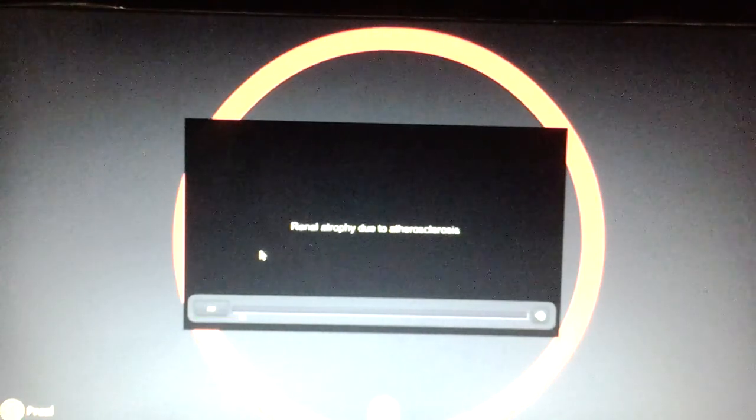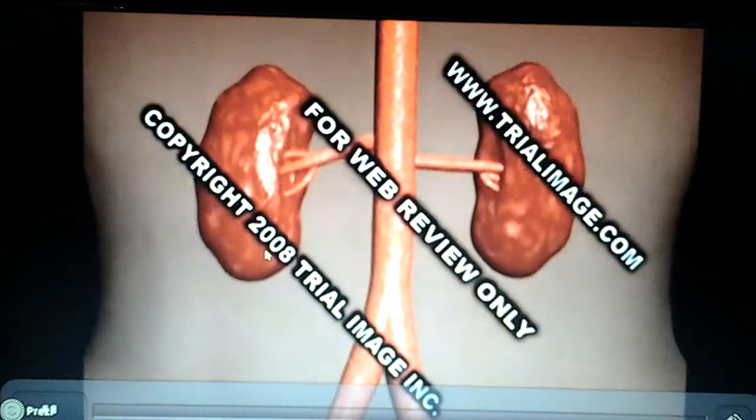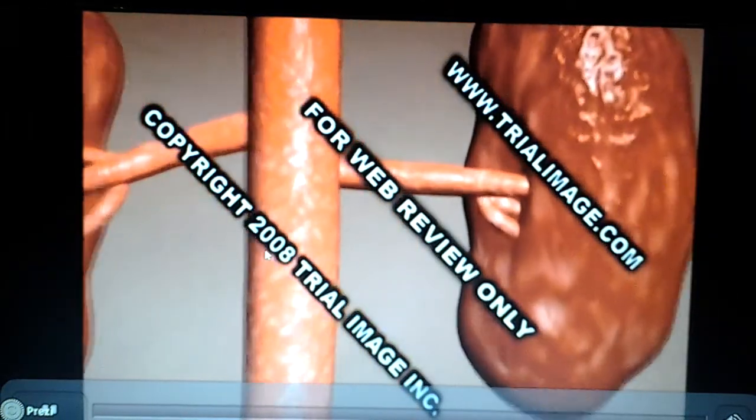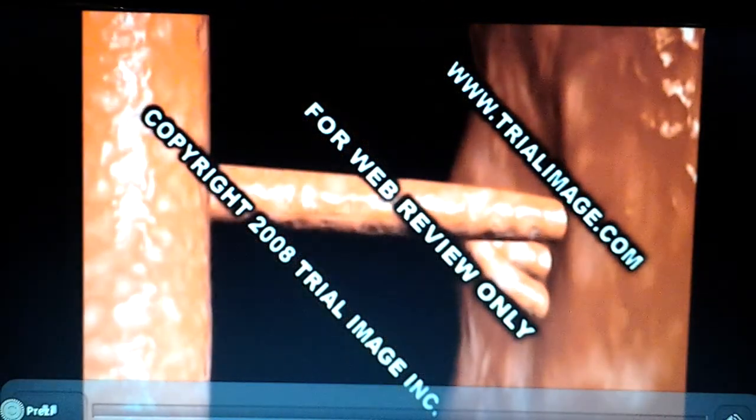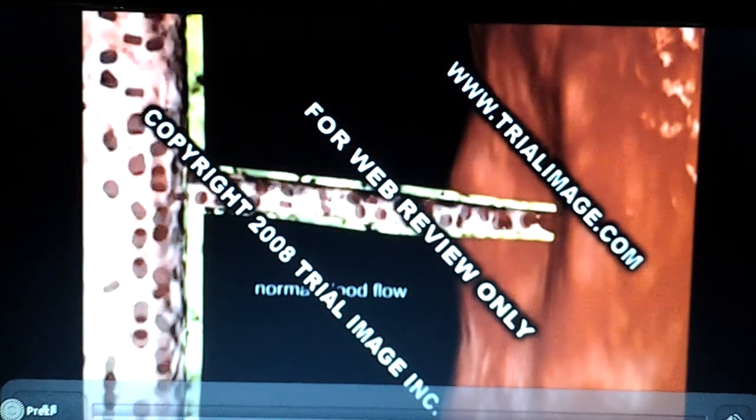Like the atherosclerosis that affects the arteries of the heart, renal artery disease is caused by the buildup of plaque in the artery that leads to the kidney. Plaque is made of fat and cholesterol, and its accumulation in the renal artery causes the artery to narrow, which blocks the flow of blood to the kidney.